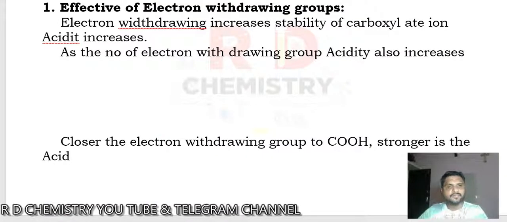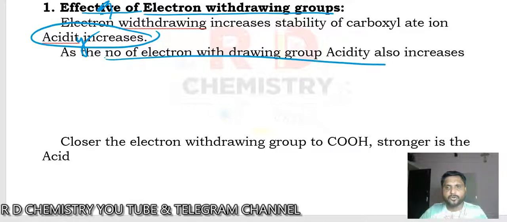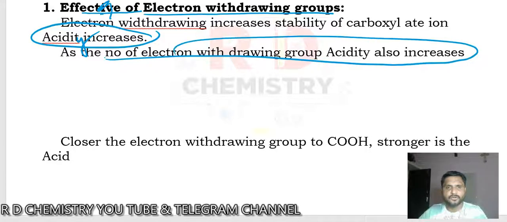Now let us see the acidic nature of carboxylic acid. There are two important groups which can affect the acidic nature of the carboxylic acid, right? So the effect of electron withdrawing groups: generally they increase the acidity of the carboxylic acid. Remember here, as the number of electron withdrawing groups increases, acidic nature also increases.